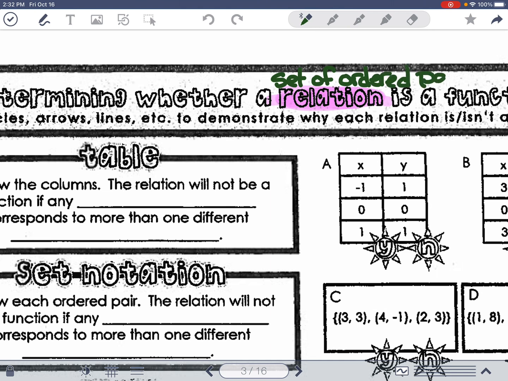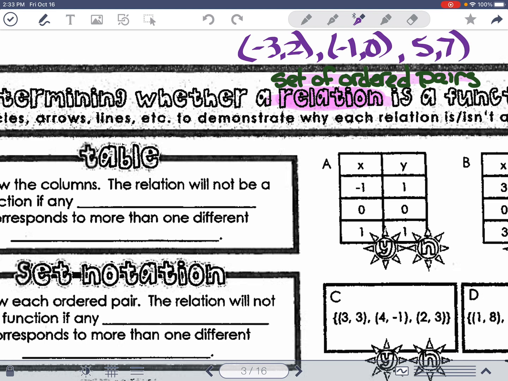What do I mean by that? It just means that we have ordered pairs like (-3, 2), maybe (-1, 0), maybe (5, 7).